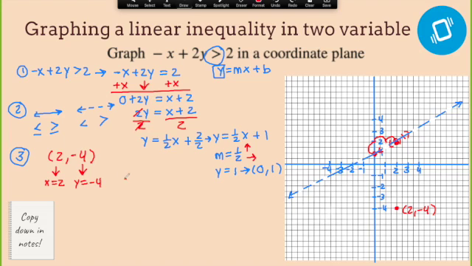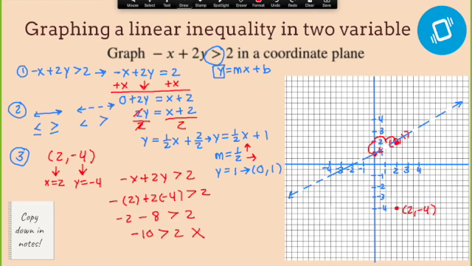So my inequality statement is negative x plus 2y being greater than 2. I'm going to plug in 2 for the x value and negative 4 for the y value. And so I get negative 2 minus 8 is greater than positive 2. Negative 2 minus 8 gives me negative 10, and that is not greater than positive 2.